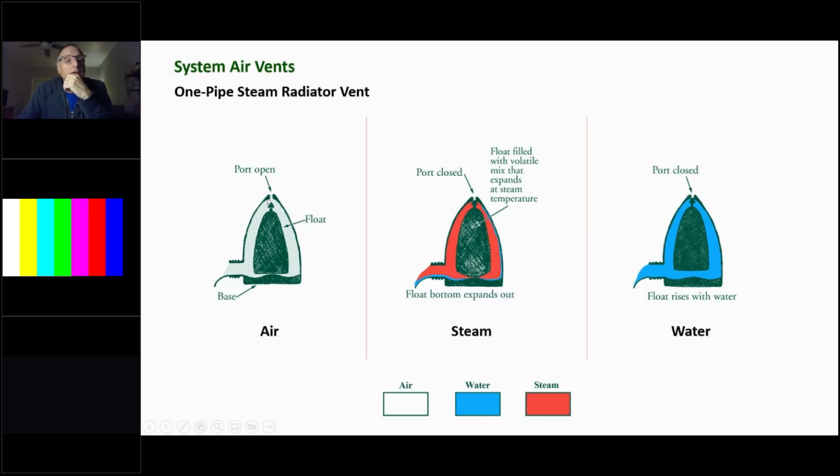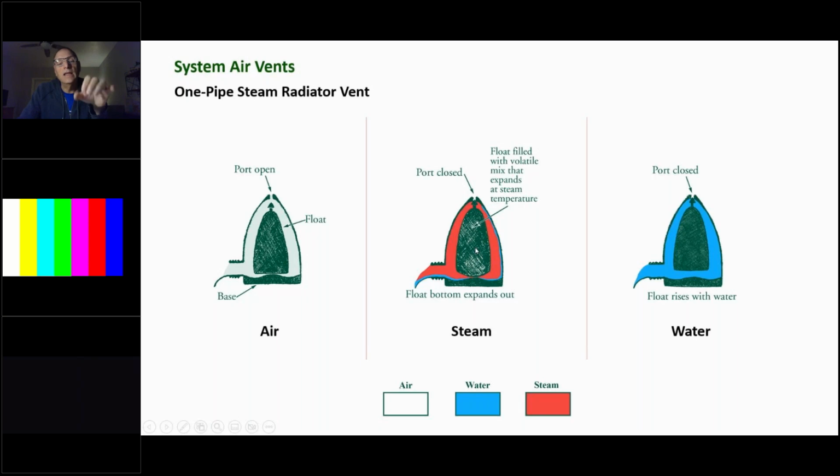So here it is before the boiler fires. It's just filled with air and open to the system. As the boiler fires and steam starts to fill that one pipe steam radiator, it will fill the radiator with steam, which heats the float inside there, which it says in the picture is filled with a volatile liquid.